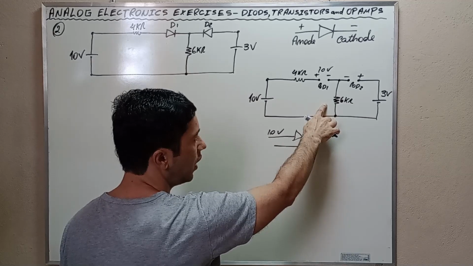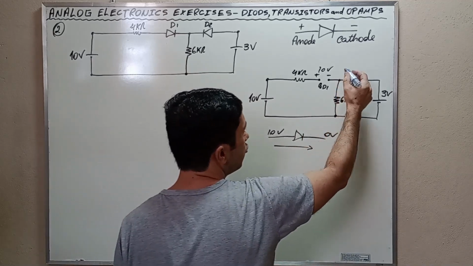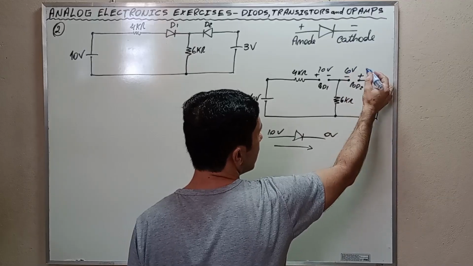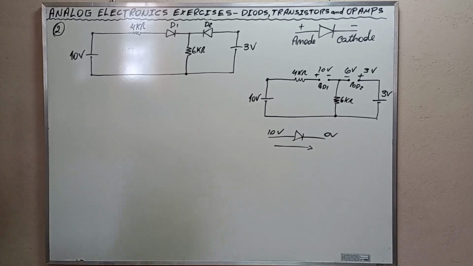There is going to be a current here, and this current causes the voltage here to be 6 volts and here 3 volts. In this way we have proved again that the diode D2 is off, because we can see that its cathode is higher in potential than its anode.